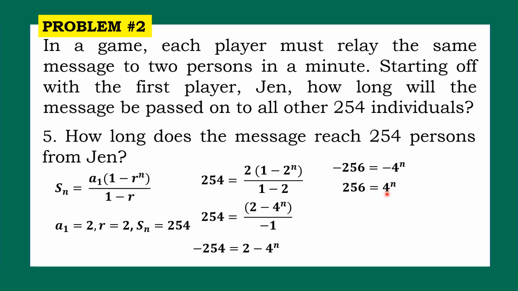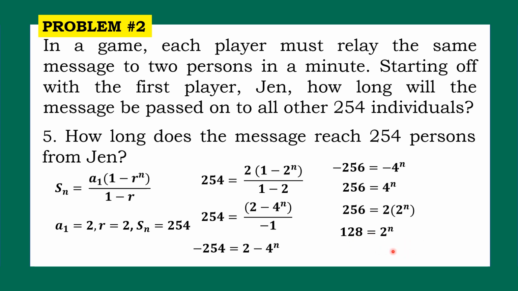Now we're going to factor 4 raised to n, and that will give us 2 times 2 raised to n. Then we divide both sides by 2, and that will give us 128 equals 2 raised to n. We are going to express 128 in exponential form with the base 2 to have the same base on both sides.